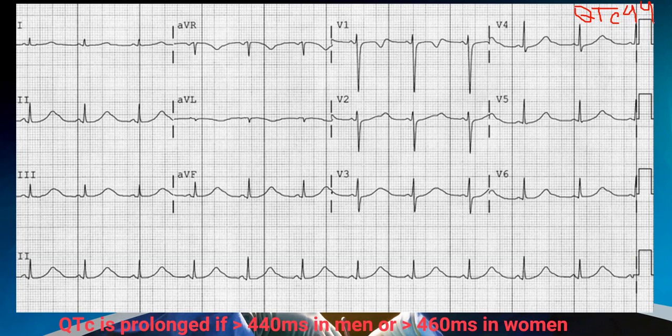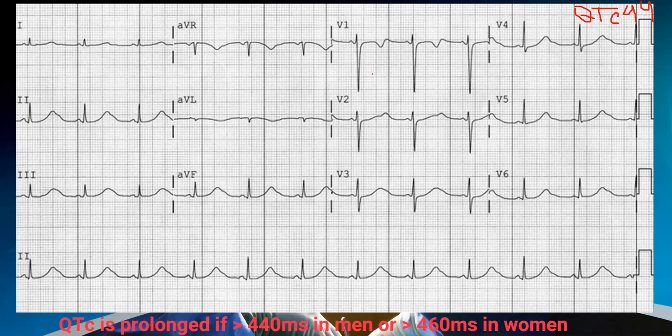Have a look whether it's written or not, because if you get that, then it's very easy to diagnose. QTc is prolonged if it is more than 440 milliseconds in men and more than 460 in women. Make sure you remember that, because sometimes this information is given on the ECG paper.